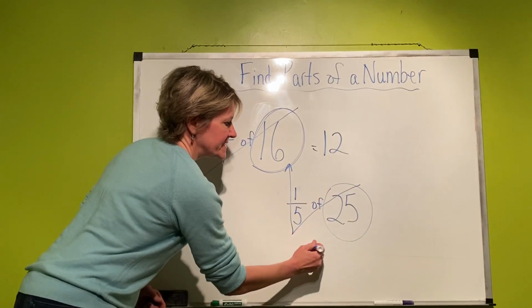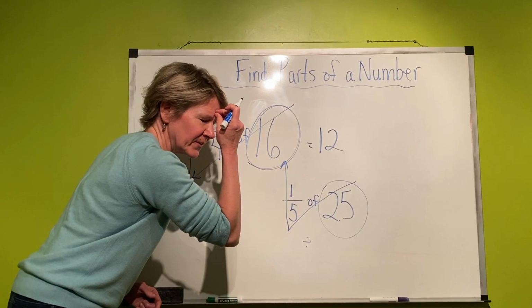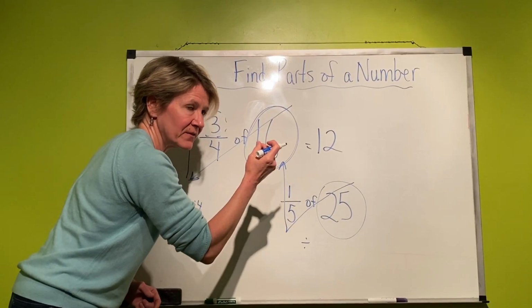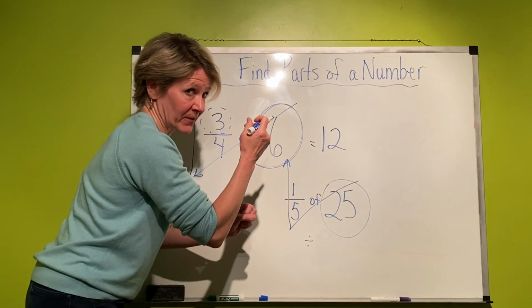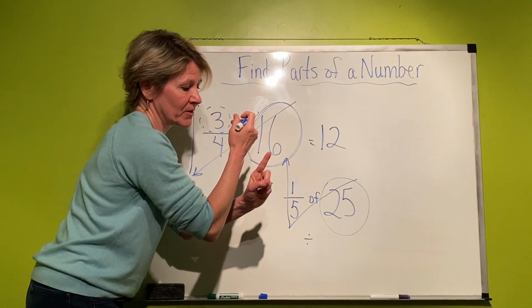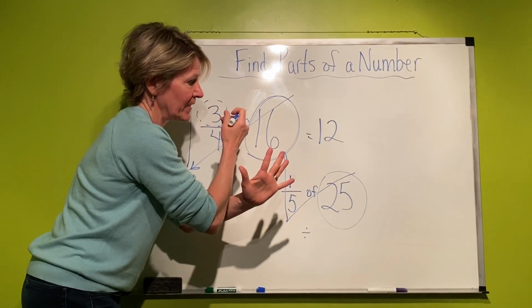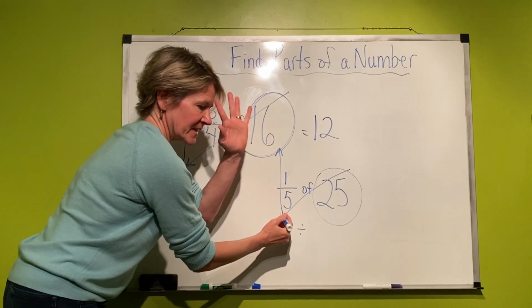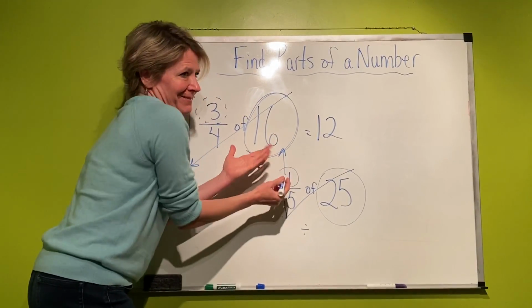25 divided by 5. What number is in your head right now? 25 divided by 5. You have a number in your head? I hope it's that number. Divide, I'm thinking 5. Multiply.